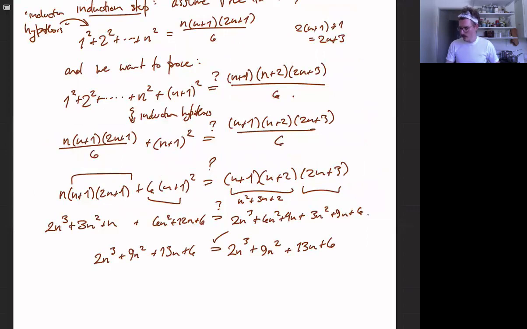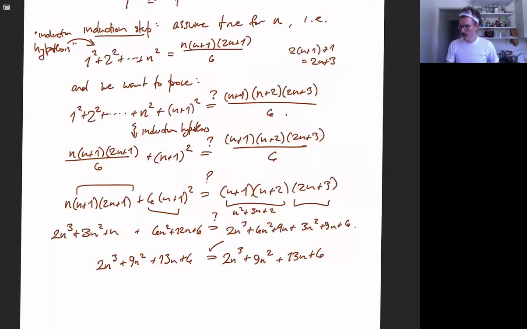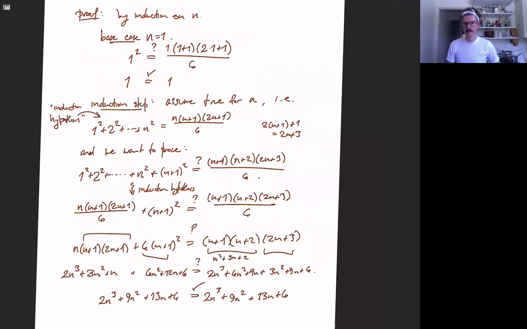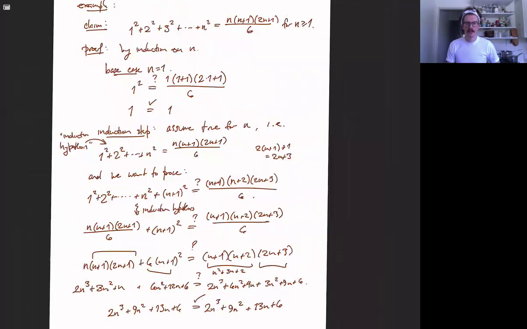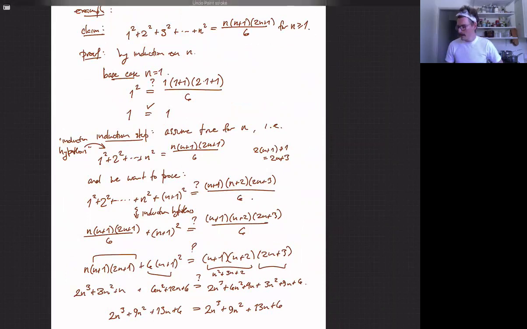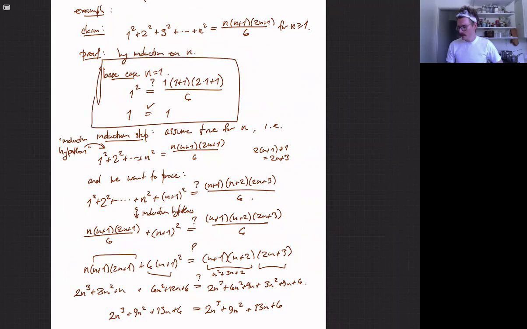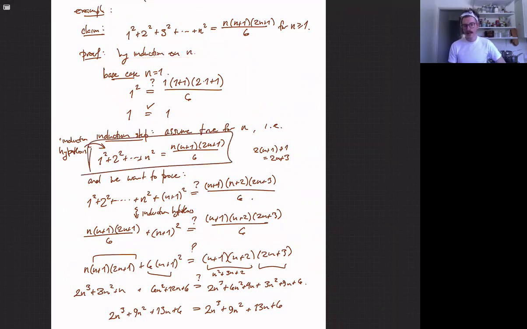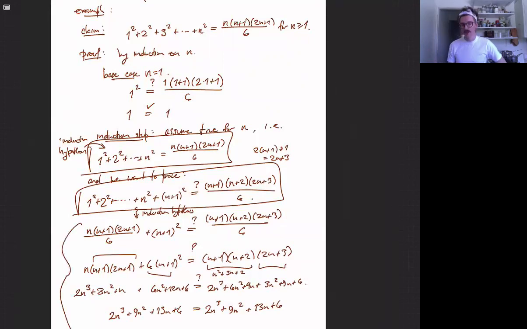So now let's just account for what we've done. We wanted to prove this formula at the top. And how did we do it? We proved the base case in the case that n equals 1. And then we proved that if the formula holds for n, then the formula holds for n plus 1. And proving that was just this algebraic computation.